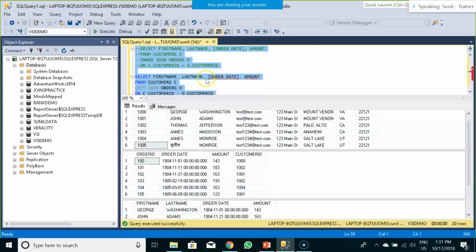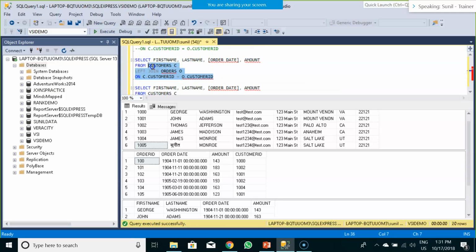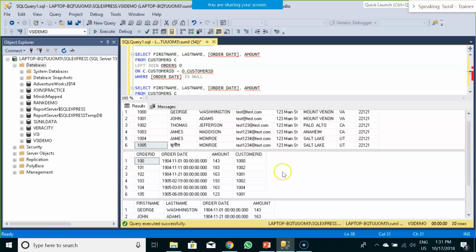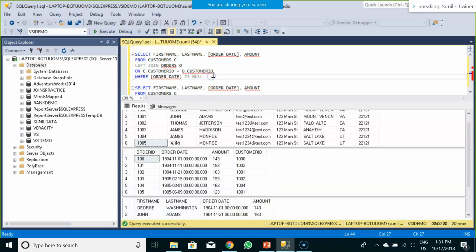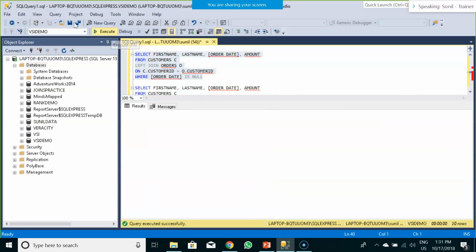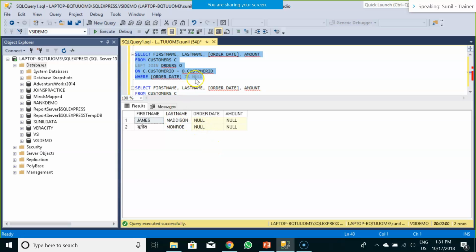Now imagine a scenario wherein we would like to find out wherein the order date is null. So in that case, we would be firing this particular thing, or we want to find out wherein a customer didn't place any order.